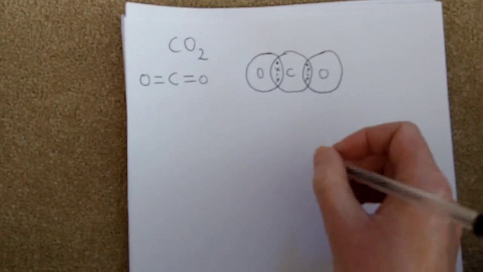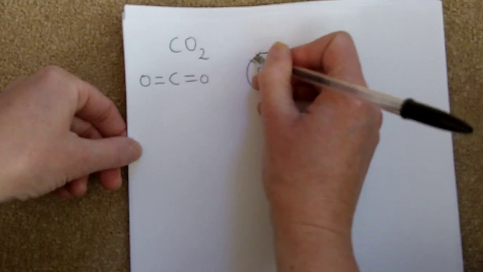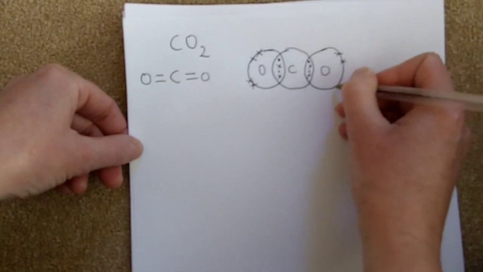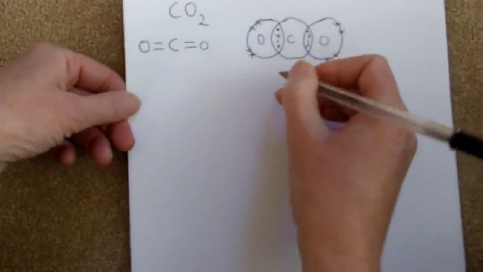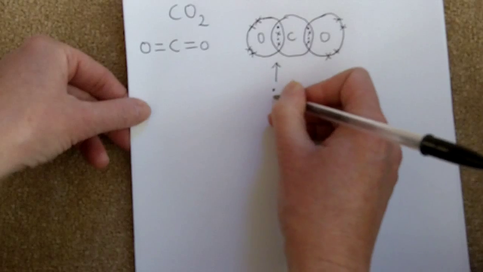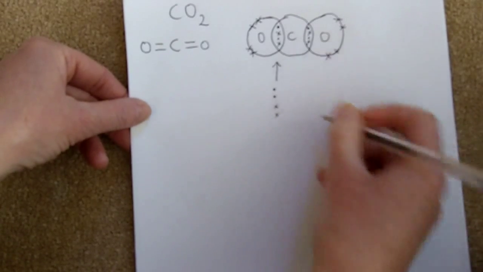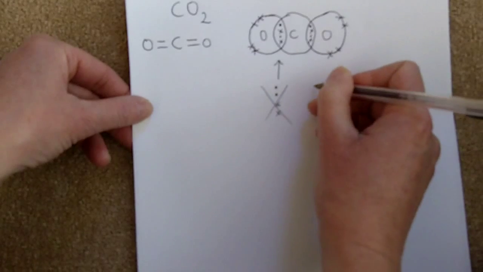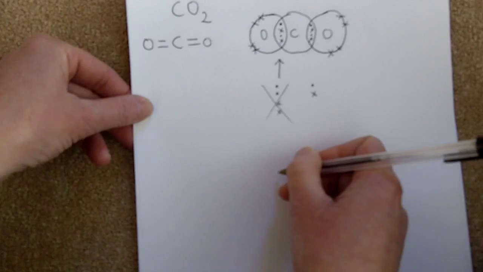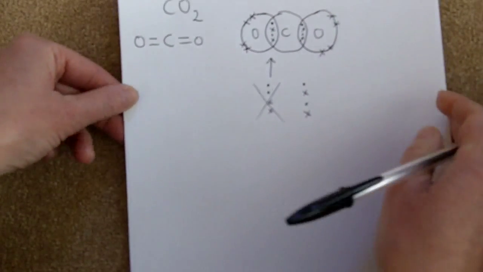And then let's just finish this off. Oxygen's got 6 electrons, so we need 4 more electrons for oxygen, 4 more electrons for the other oxygen. Now when you're representing a double bond, you cannot go dot dot cross cross. It's got to show that one electron comes from one atom and one electron comes from the other atom, and one from one atom and one from the other.